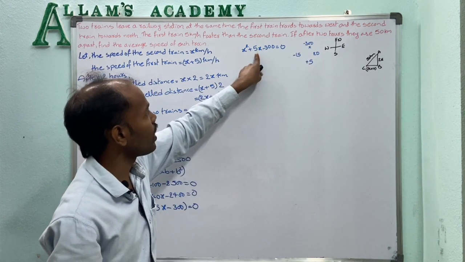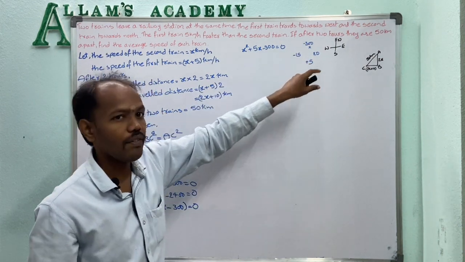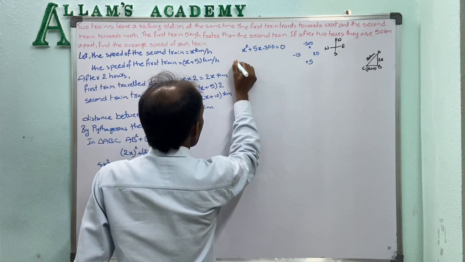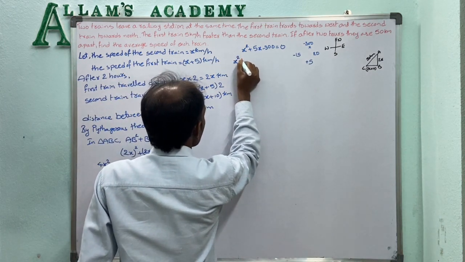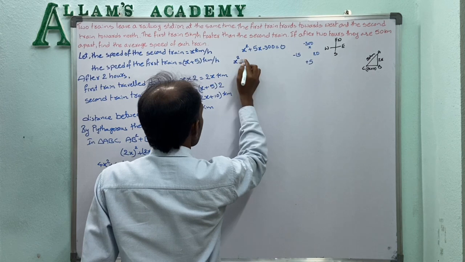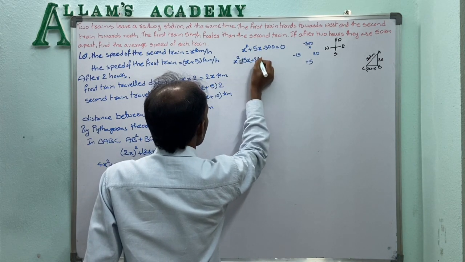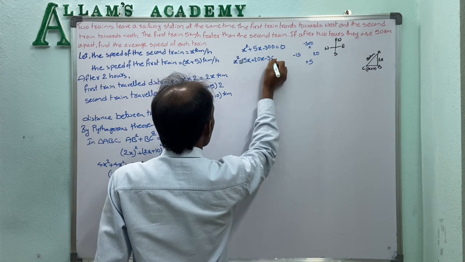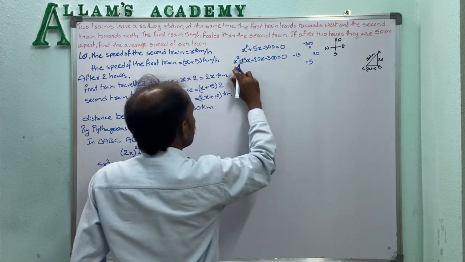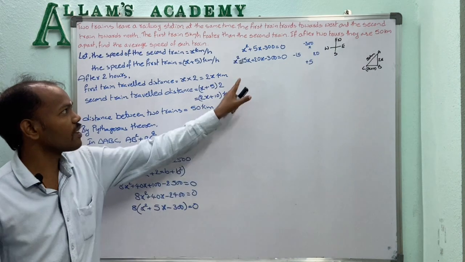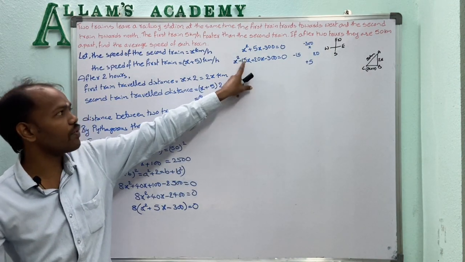So in the place of 5x now we can write minus 15x plus 20x. So x square minus 15x plus 20x minus 300 equal to 0. Now x square means we can write x into x, 15x means we can write 15 into x.